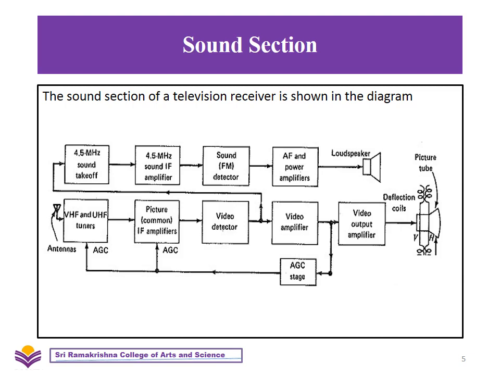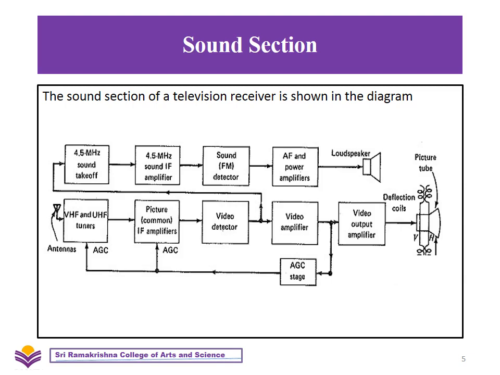The tuner circuit will receive the input signal, and it will generate an intermediate frequency signal at its output. The intermediate frequency signal is applied as an input to the picture IF amplifier. The picture IF amplifier will receive the signal, amplify it, and process the output to the next stage. In the next stage, we have a video detector.